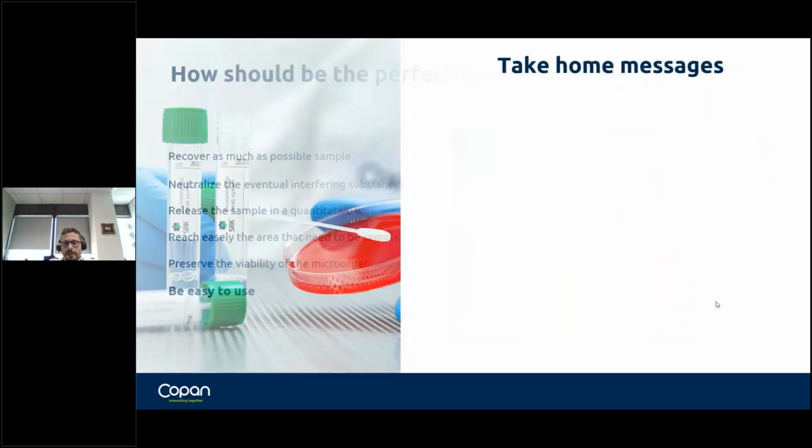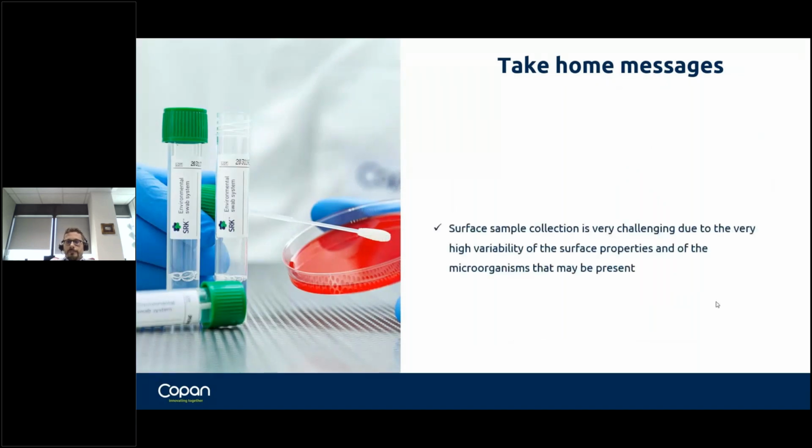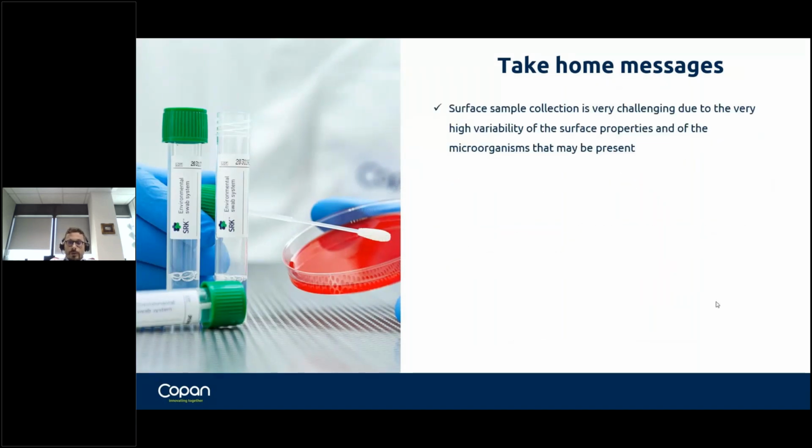So to conclude this presentation, surface sample collection is very challenging, because the variability of the surface properties and of the microorganisms that may be present does not allow a good standardization of the collection process.